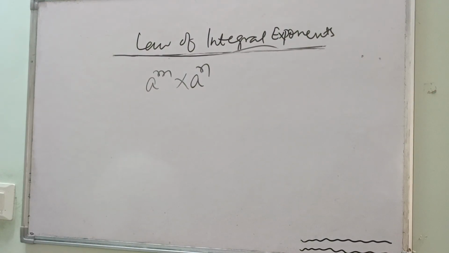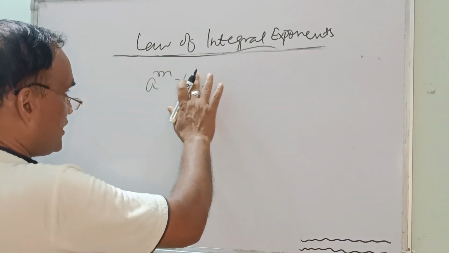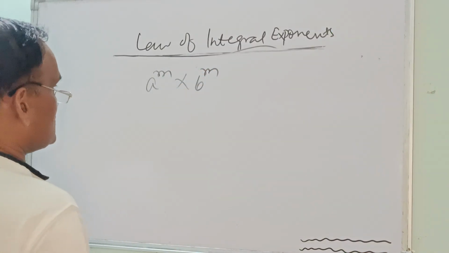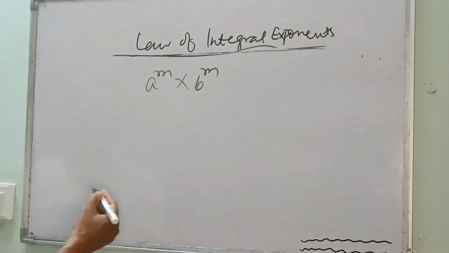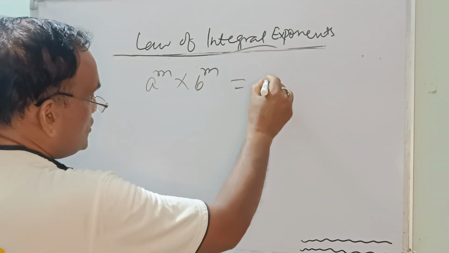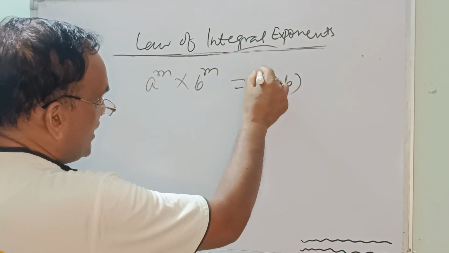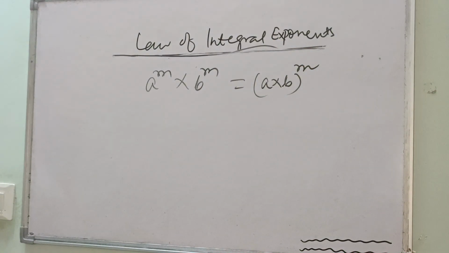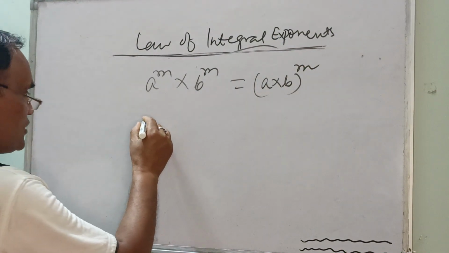That I think you have already solved. What can you write this as? a and b will be multiplied, with power m. There is no issue.